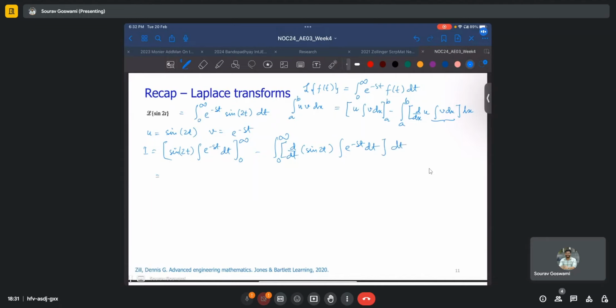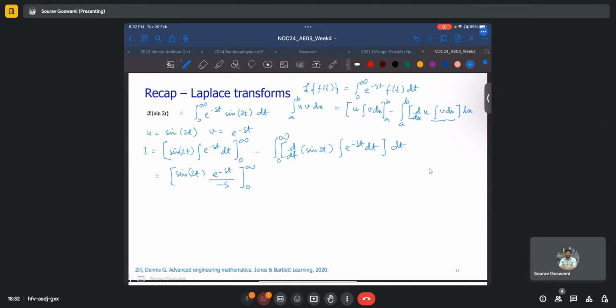So this will simply turn out to be sine of 2t times e power minus st by minus s, evaluated between 0 and infinity.